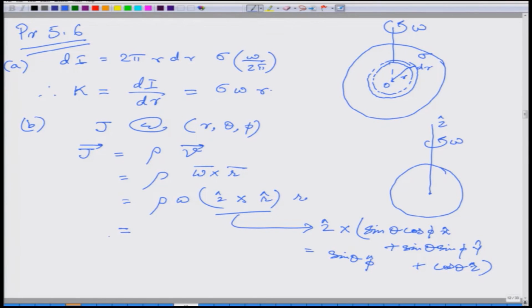So I would have J to be nothing but rho omega r into sin theta phi cap.